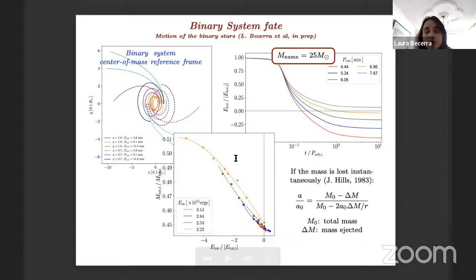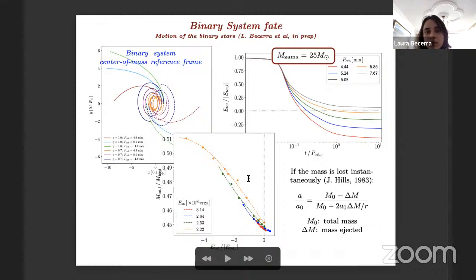But in the case of the binary driving hypernova initial binary system, this assumption doesn't apply. For example, we see here that, depending on the energy of the supernova, for many cases the system loses more than half of the initial mass of the binary system.